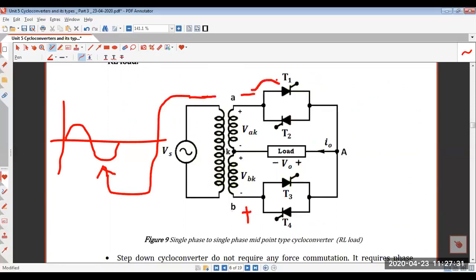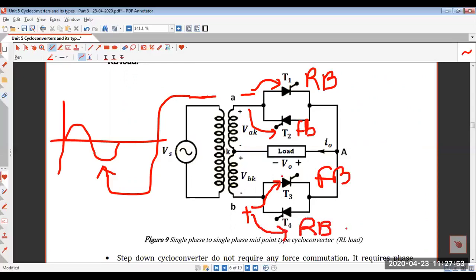So this would make this SCR reverse biased, right? And this SCR forward biased. Again, you can see this SCR will be forward biased because its anode is connected with the positive, and this will be reverse biased because its cathode is connected with the positive.